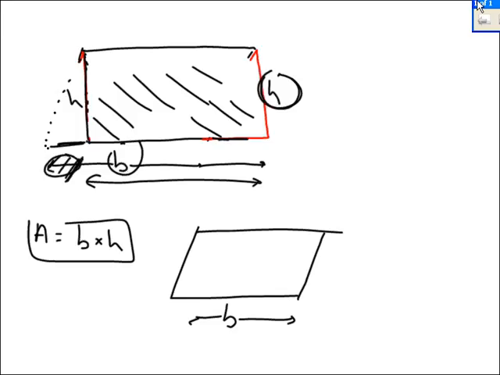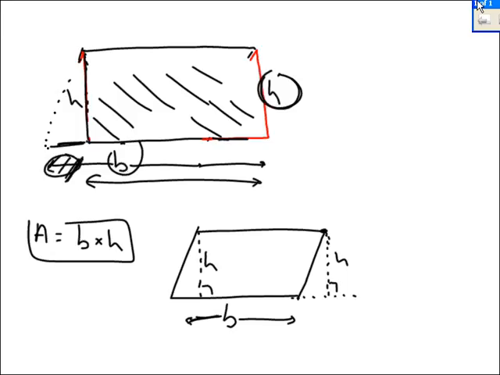You have this parallelogram. If you calculate the height, you could calculate the height by extending the base, and from this point going down at a right angle, it's going to be the same height. It's going to be base times height.